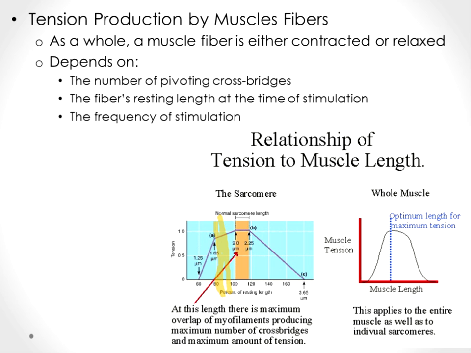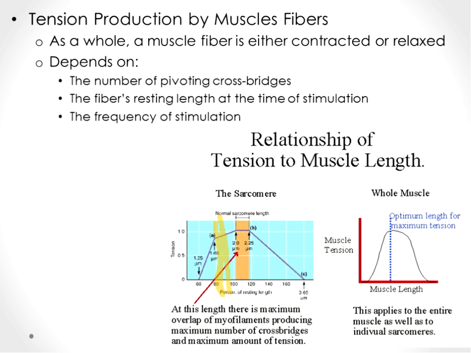So sarcomeres need to have some level of ability to slide. We don't want them to be so stretched out that actin and myosin don't intersect, and we don't want them to be so crisscrossed and overlapping that there's no room to go any further. In many cases, the muscles tend to sit with a resting tension that is not in the ideal position.